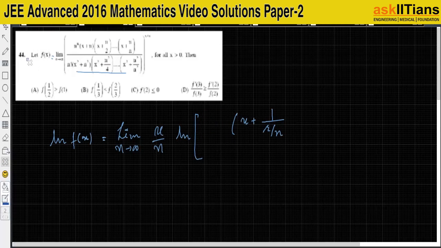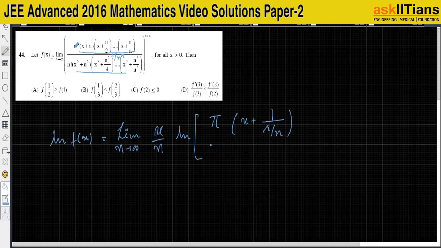I have n power n here, so I'll divide by it, 1 by n power n. So this n will get cancelled, and I'll get 1 by n, 2 by n, 3 by n, like that. So I can write the general term as x plus r by n.